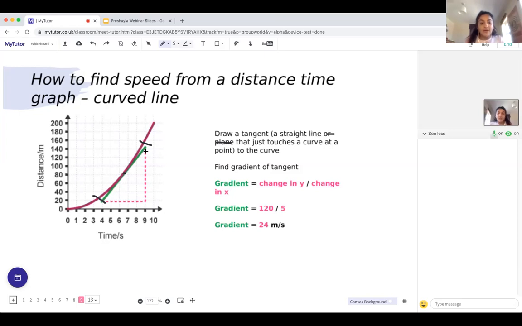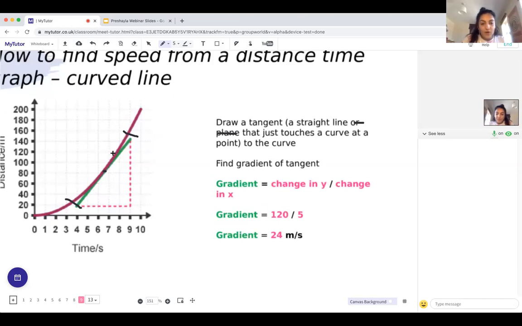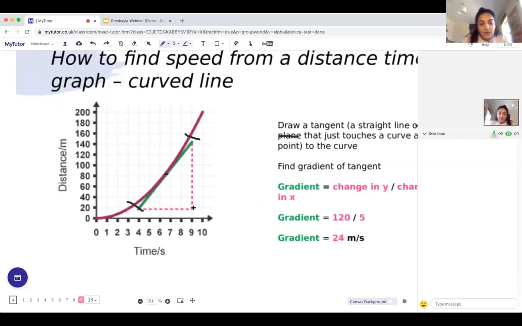So for this one, let's find our gradient. We're going to do the change in y, so from 20 meters to 140 meters. That's 120 meters. Do bear in mind that this line does not go through 0. That's absolutely fine. You don't need to extend it all the way.